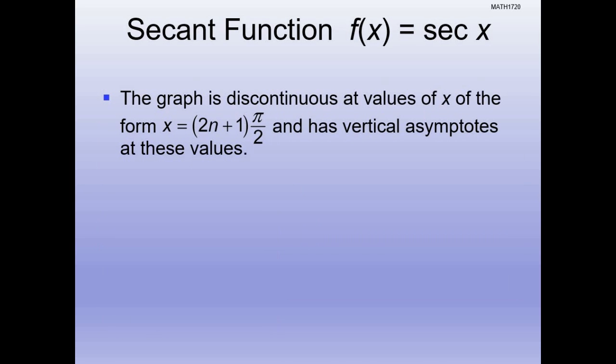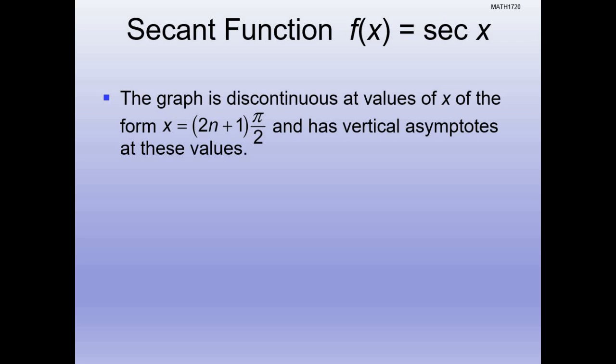So, where are the vertical asymptotes? Whenever cosine is 0. The first 0 for cosine is at pi over 2. If n is 0, we get 2 times 0, which is 0, plus 1. 1 times pi over 2 is pi over 2. So cosine of pi over 2 is 0, and secant of pi over 2 is undefined.